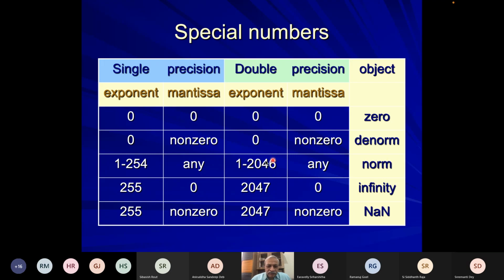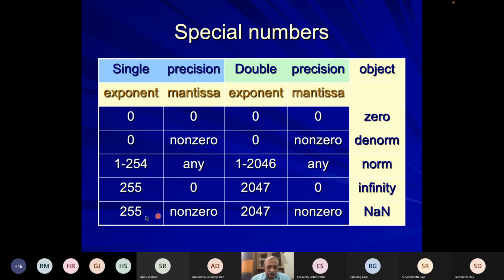The normalized numbers can have any mantissa, and exponent lies in the range 1 to 254 or 1 to 2046. The largest exponent value, which is not used for normalized numbers, is used to represent infinity when the mantissa part is 0.